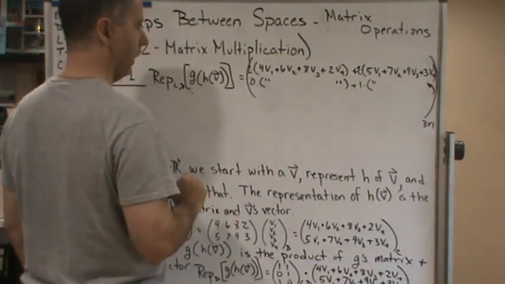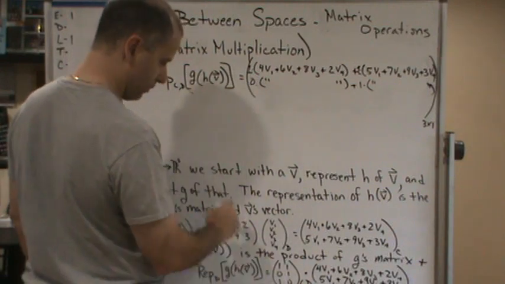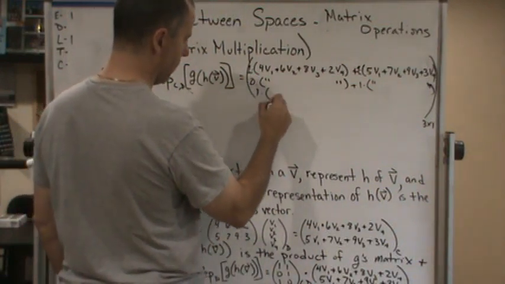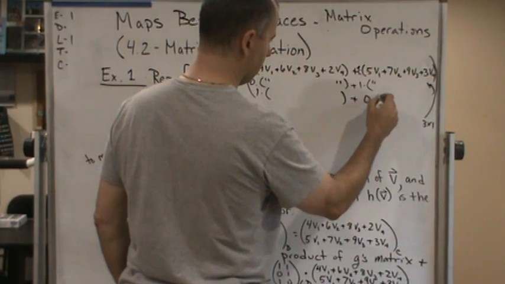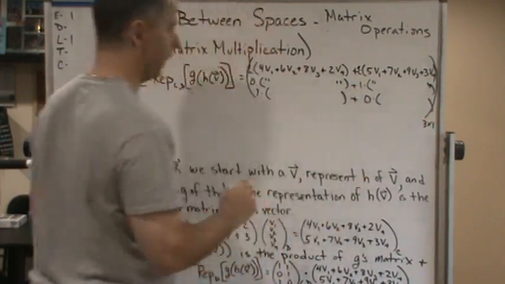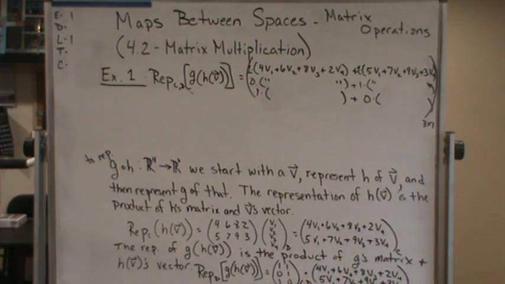Okay, and then the last one's going to be 1 times this plus 0 times that. Okay, so without just writing it out all the time.